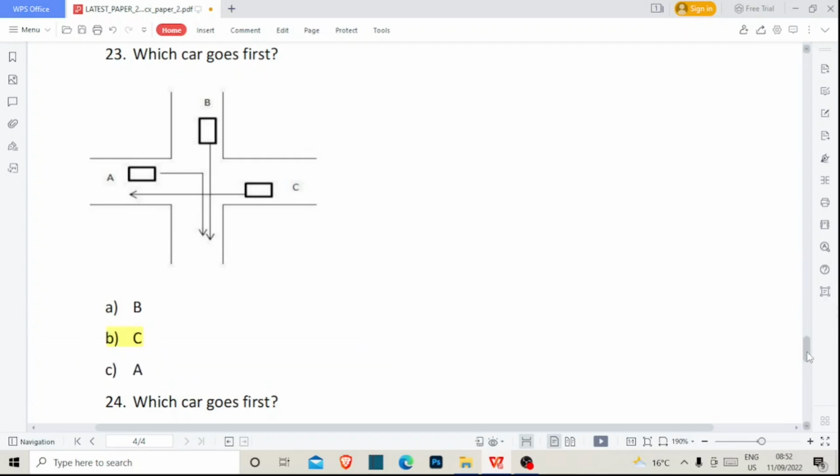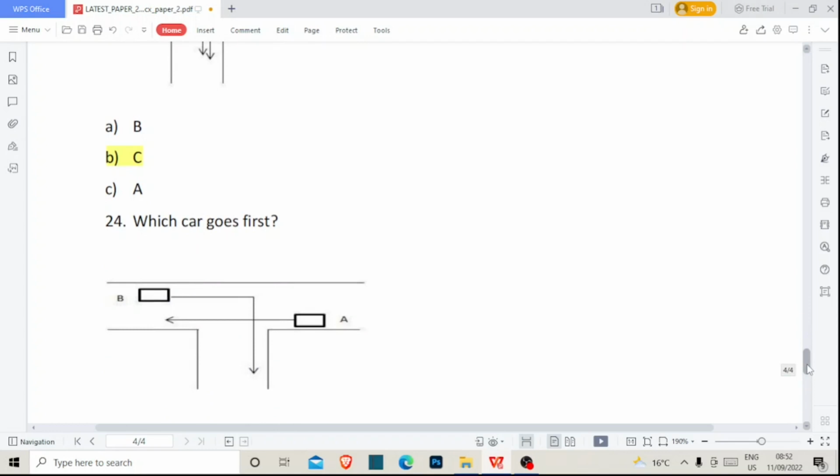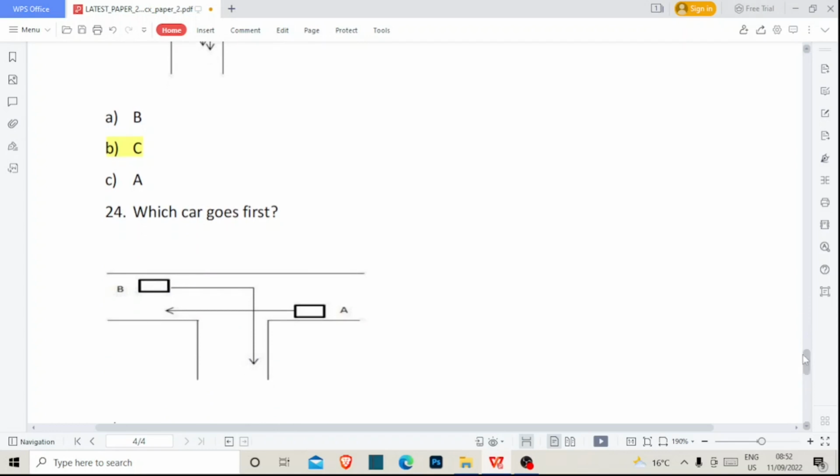Now let's go for number 24. Again, did you see how car C is not necessarily on option C, as you can see here? That's something a lot of people get mixed up on, but I want you to be clear of this one.